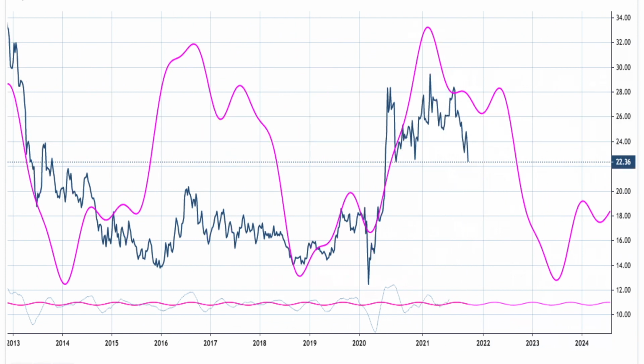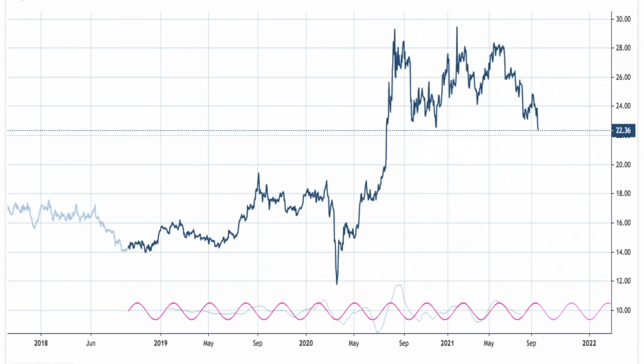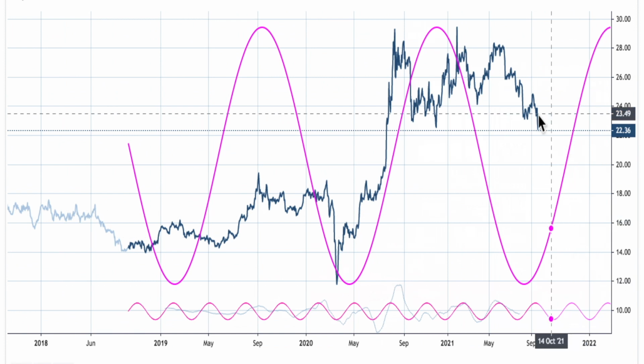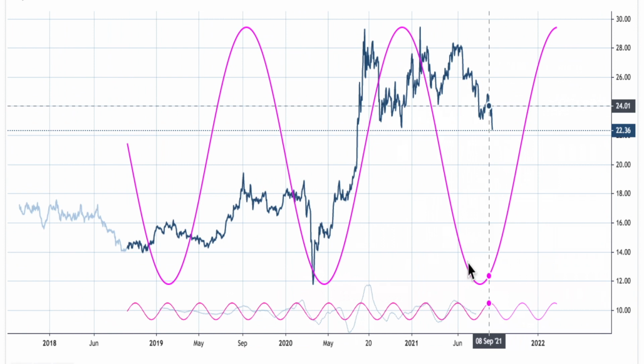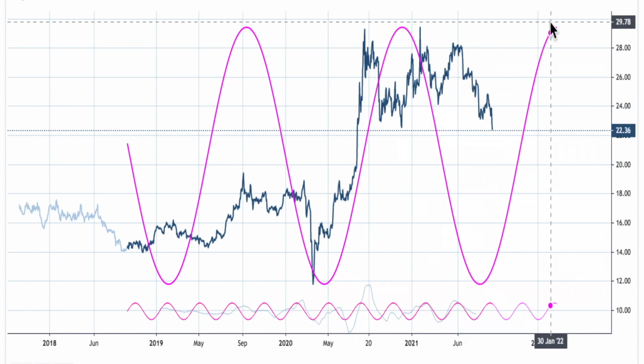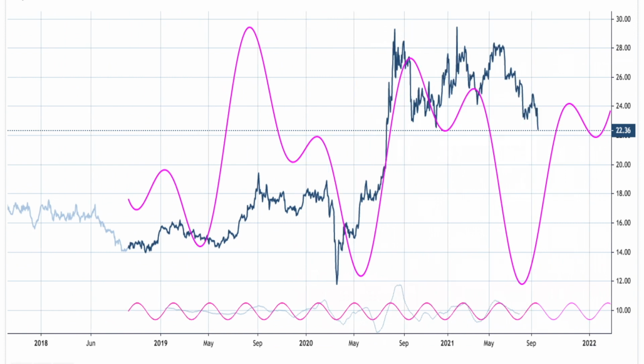Now, if we go to the daily, using data from 2018 to now, the one that jumps out at me on the spectrum analyzer is the 362, which is the opposite of what we just saw in the weekly. So it's bullish. Then the next one would be the 163 cycle, and that's a composite of both.